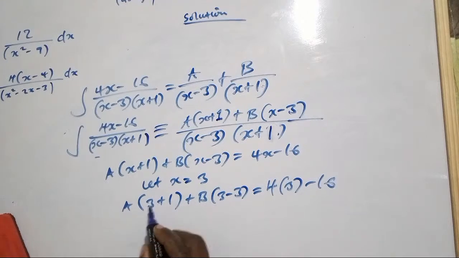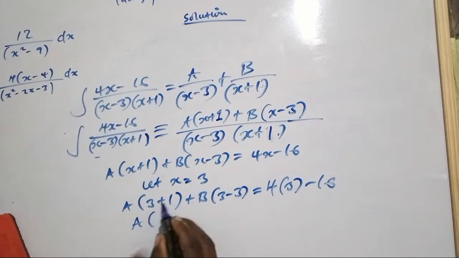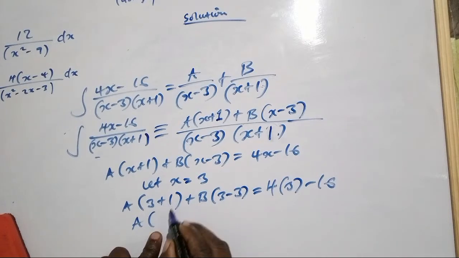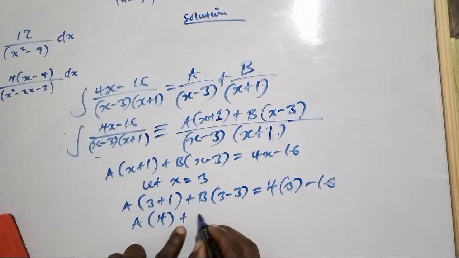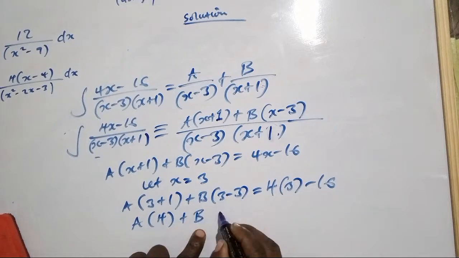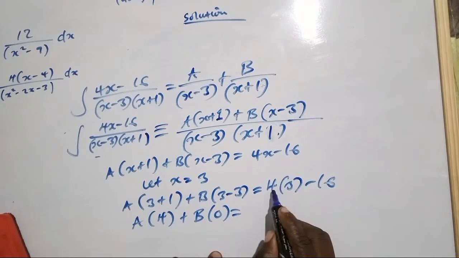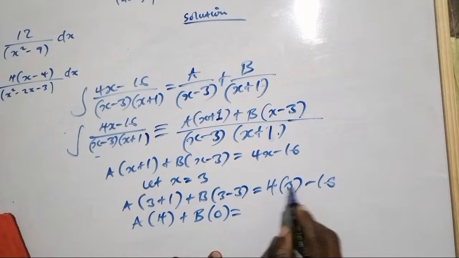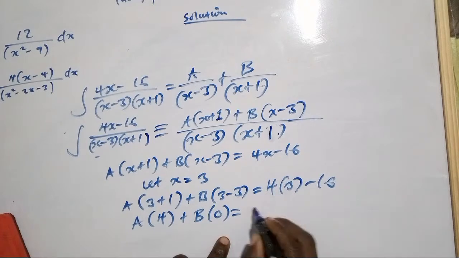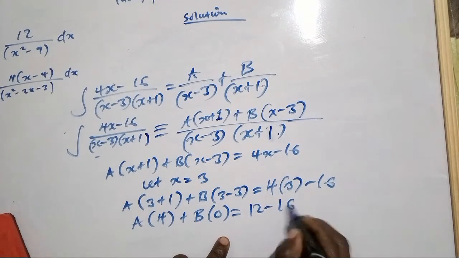Here you're going to have A open bracket 3 plus 1, which is 4, and plus B times 3 minus 3, which is 0, which is equal to 4 times 3, which is 12, then 12 minus 16.